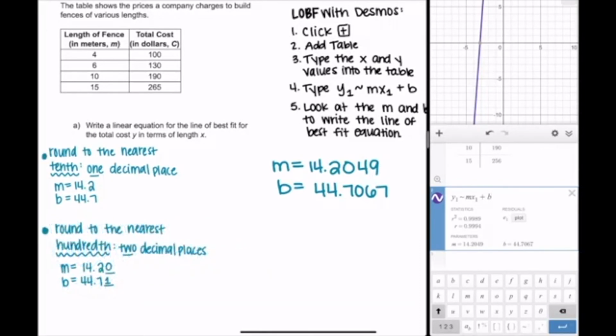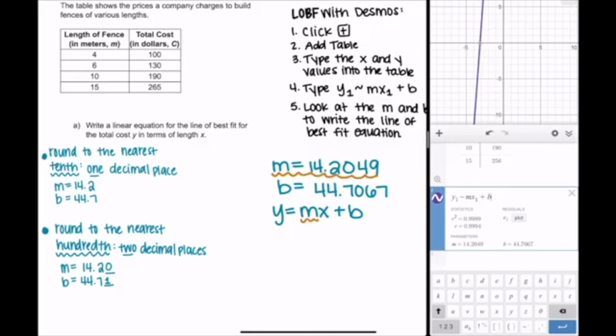In this case, because we aren't told, I'm going to carry out all 4 decimal places just so that we can be as accurate as possible. So if we're writing this in the form y equals mx plus b, we're going to take our m and plug it in.